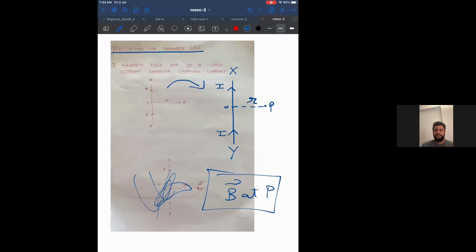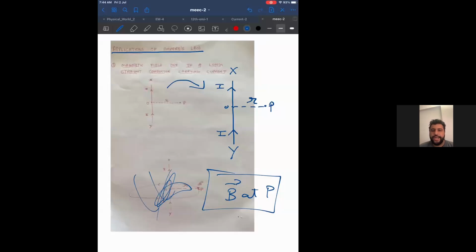So in the last class you told XY, no? Yeah, XY is the name of the conductor. So consider a point P which is placed at a distance r from a current carrying conductor XY. Full stop.